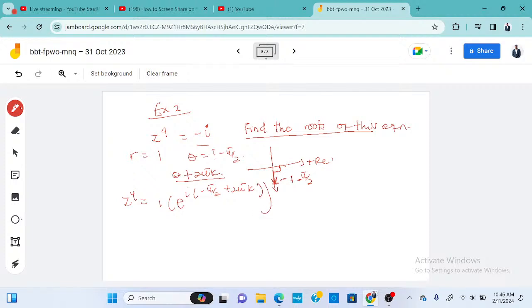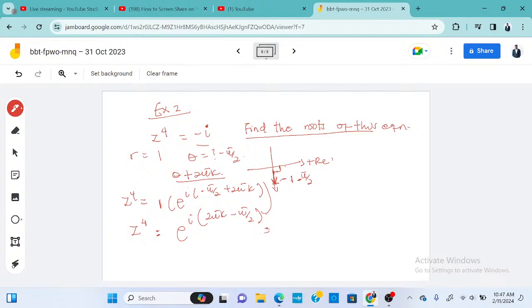So once you have this, z to the power 4 is equal to this whole expression. So I'll have e to the power i, open brackets, and I can simplify this expression. You can also choose to leave it. So let's make it 2 pi k minus pi on 2.